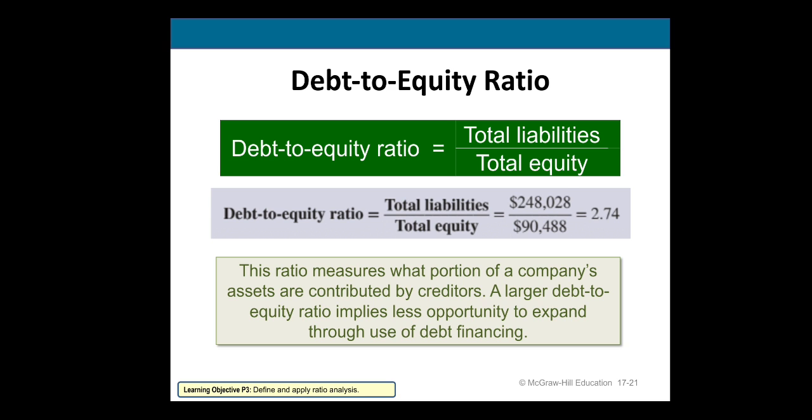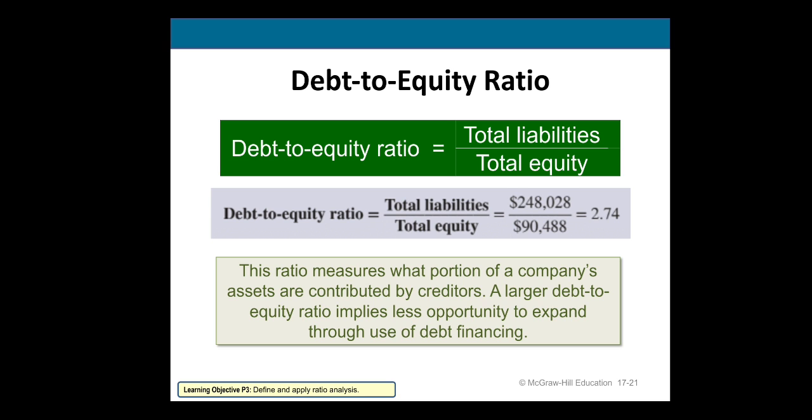See the green box at the bottom. It says that this ratio measures what portion of a company's assets are contributed by creditors. A larger debt to equity ratio implies less opportunity for the business to expand through use of debt financing.